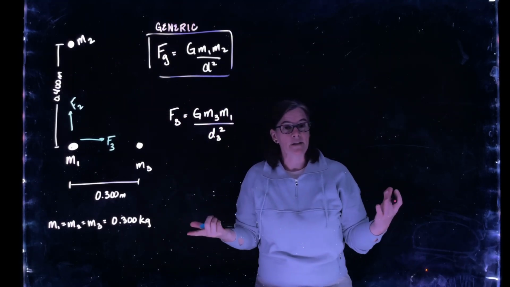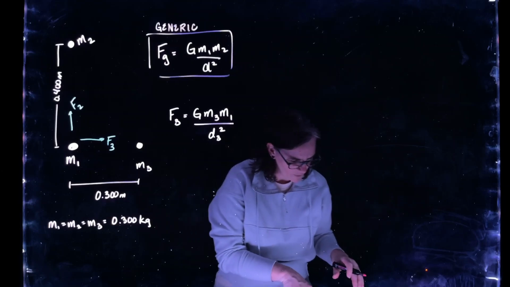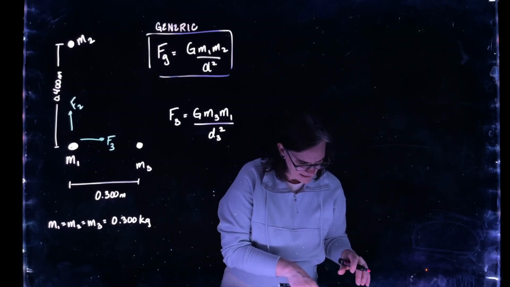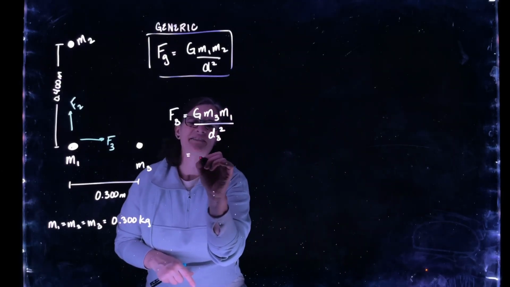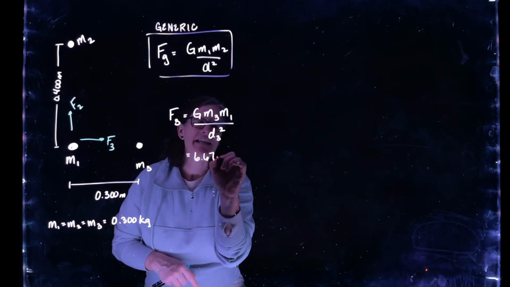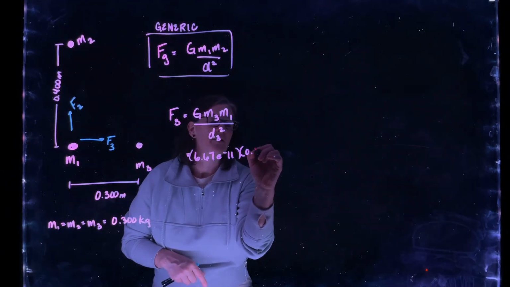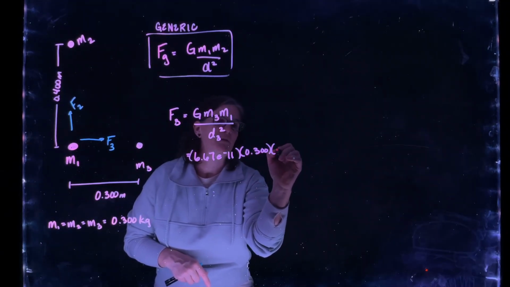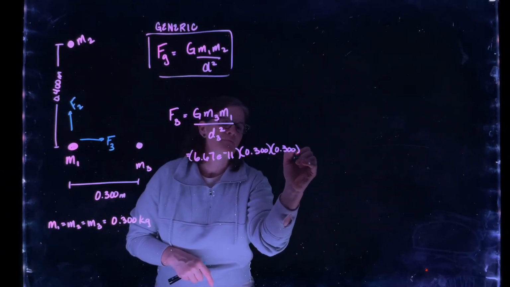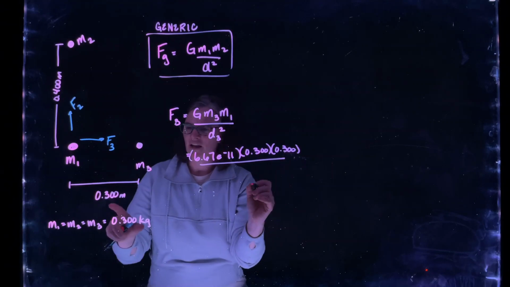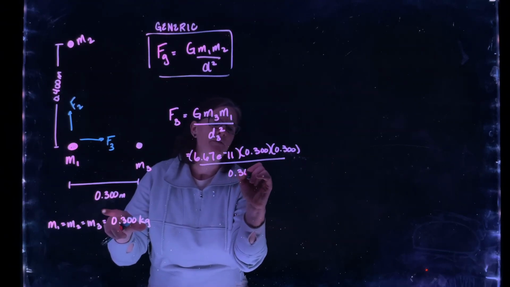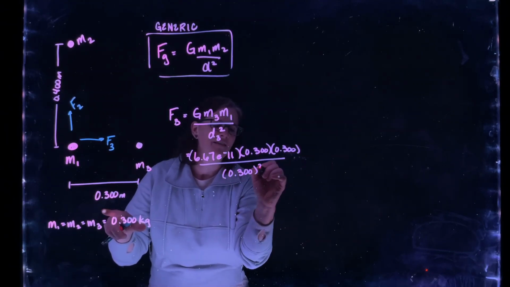All right, so now we just plug in our numbers. We know that G is equal to 6.67 times 10 to the negative 11th. Mass 1 is 0.300. Mass 3 is 0.300. And that's all divided by 0.300 quantity squared.